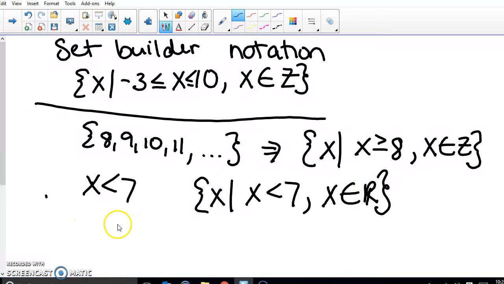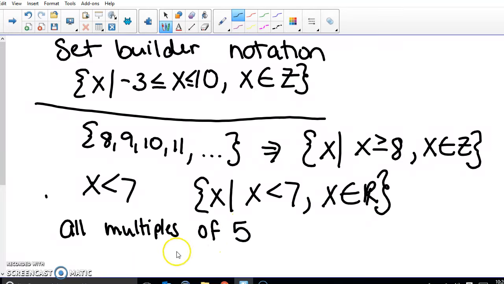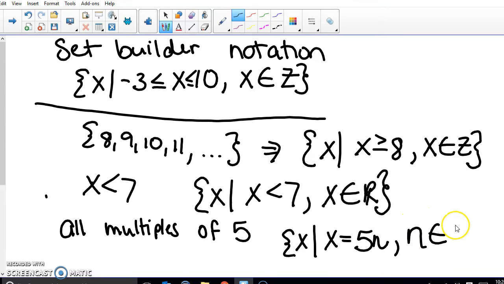Alright, last example, we're going to look at all multiples of a number. So all multiples of 5. So in set builder notation, we have the set of all numbers x such that x equals 5n, where n is going to be, in this case, just integers.